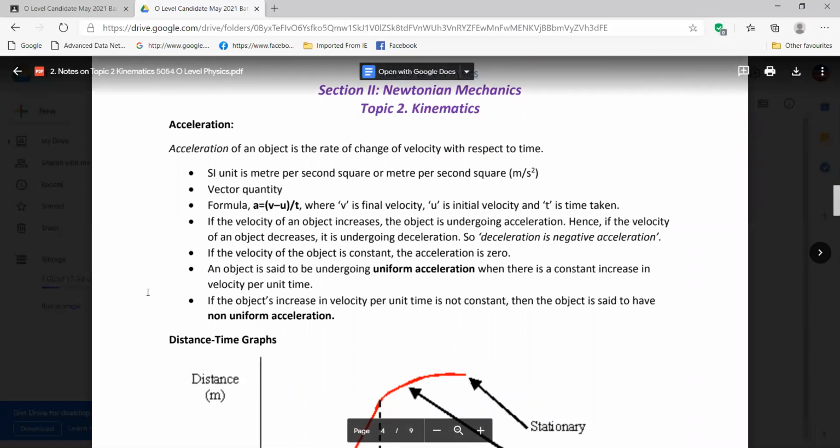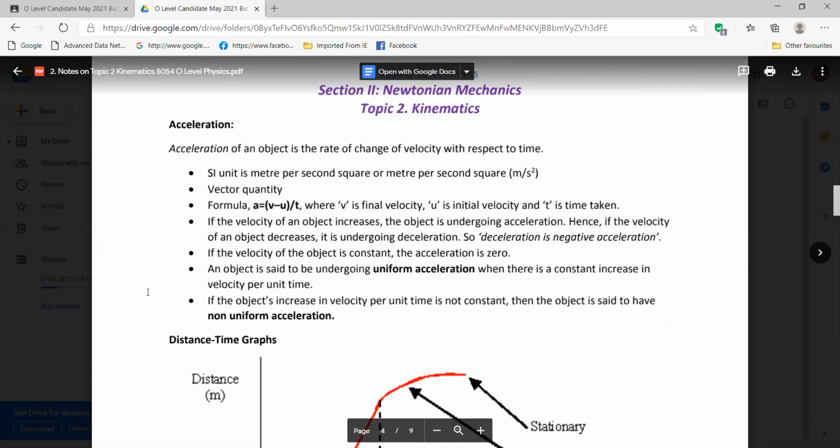So deceleration is negative acceleration, when the velocity decreases, right? Yes, sir. Deceleration is also known as retardation. In some questions you will get that the car slows down or car retards this way, right? That is also deceleration.